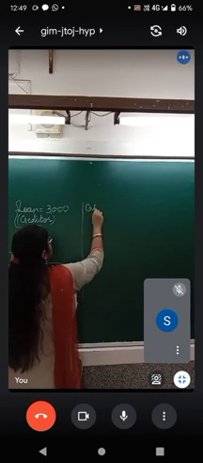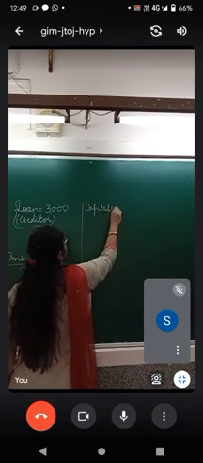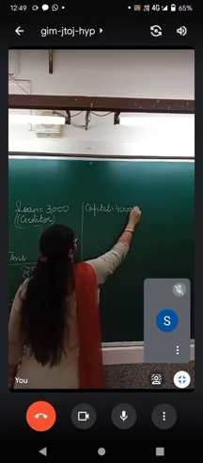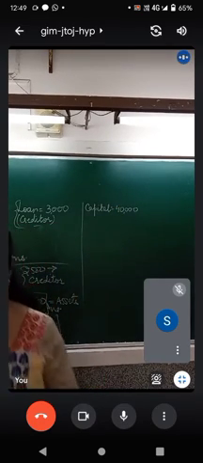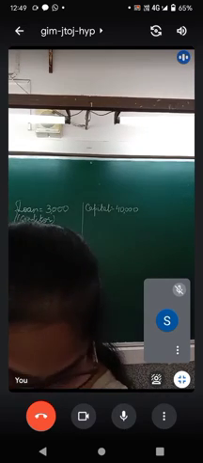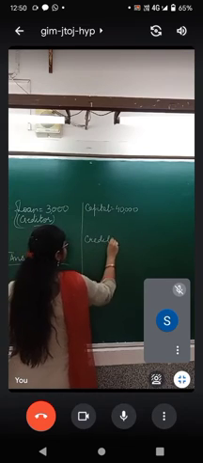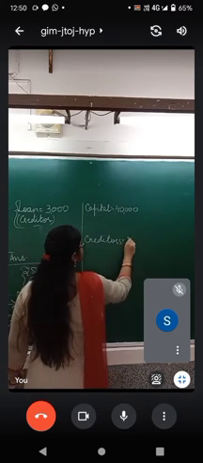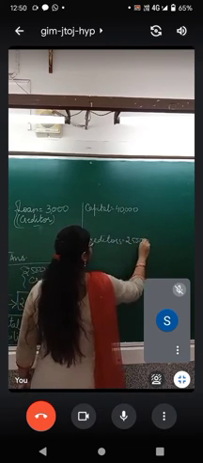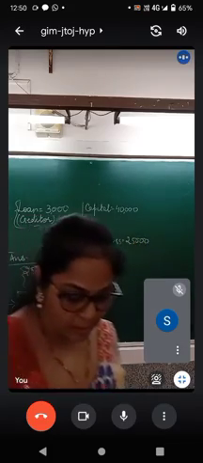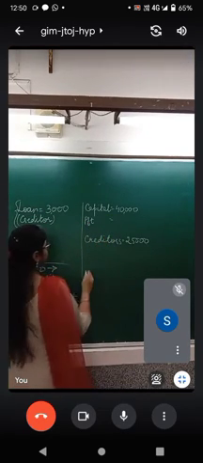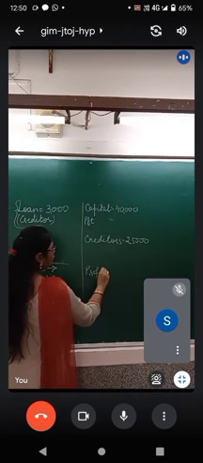Capital is rupees 40,000. Then you have creditors at rupees 25,000. Now they are saying revenue is 50 and expenses is 40. You can write one more formula.